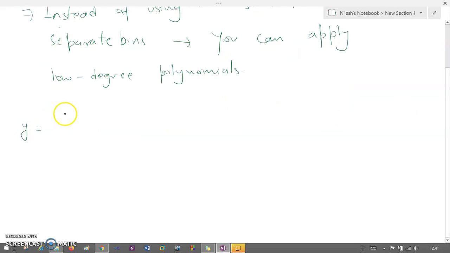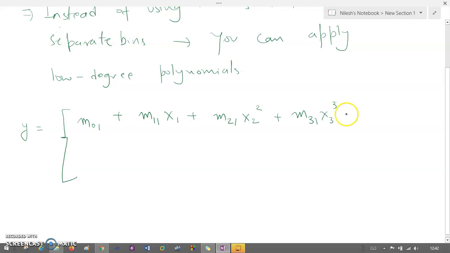So if your response variable y is a bunch of two low level polynomials, so this is m01 plus m11 x1 plus m21 x square plus m31 x cube plus some error.